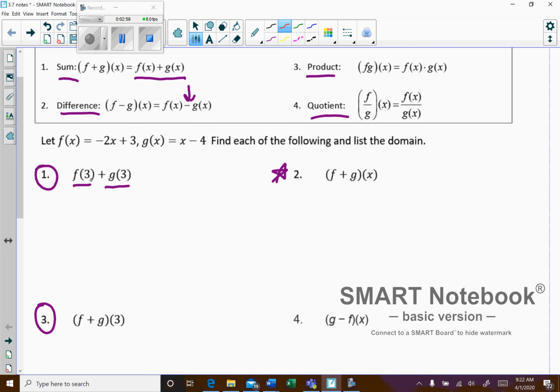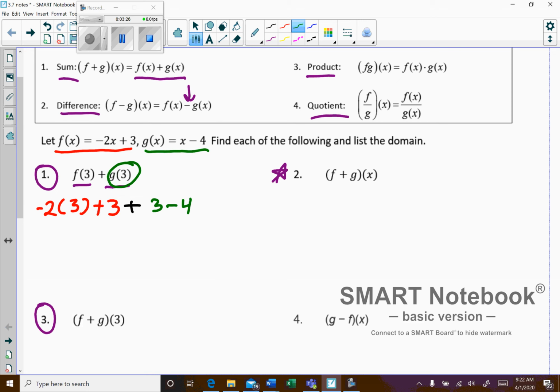So let's see, f of 3. I'm going to take it and plug it into the f function. So I'm going to get negative 2 times 3 plus 3. And then for g of 3 right here, we're going to plug that in. I have a plus between them, and I'm going to try to color code this to make sure we understand where everything's coming from. So then we're going to have a 3 minus 4.